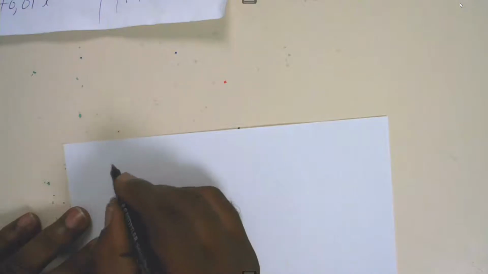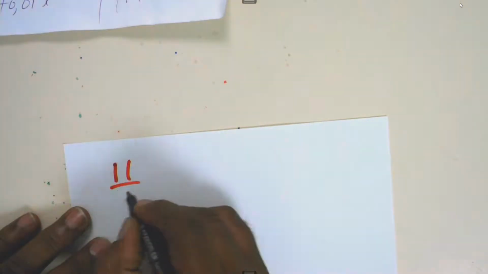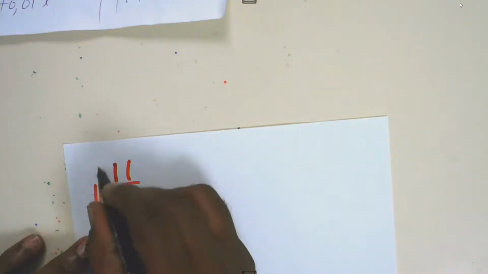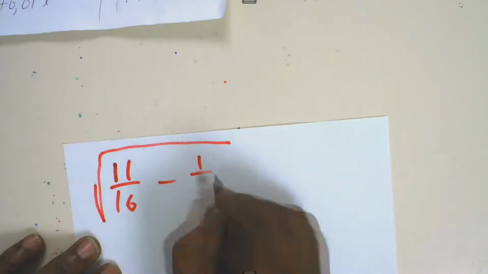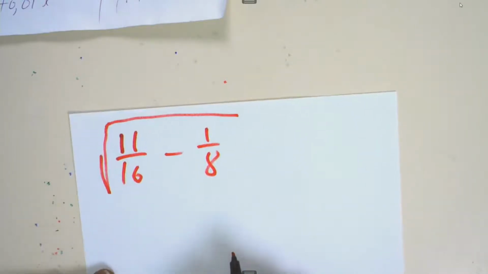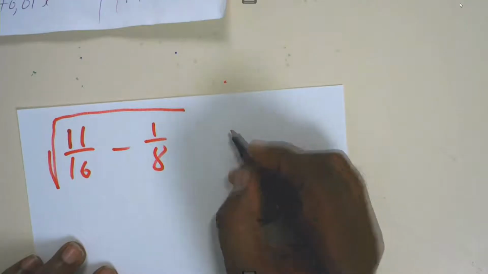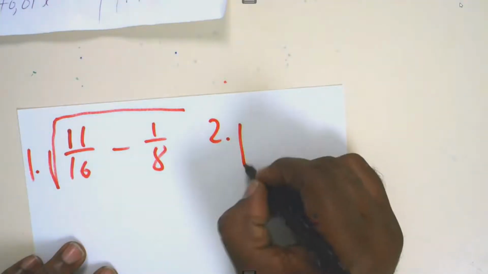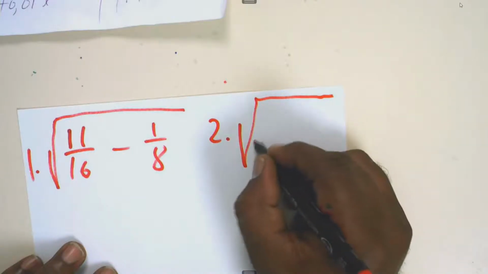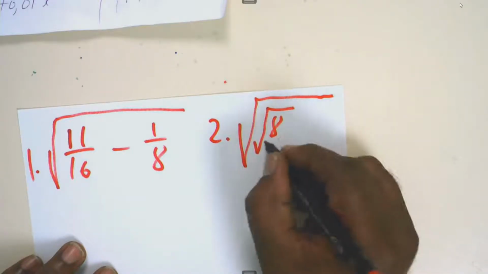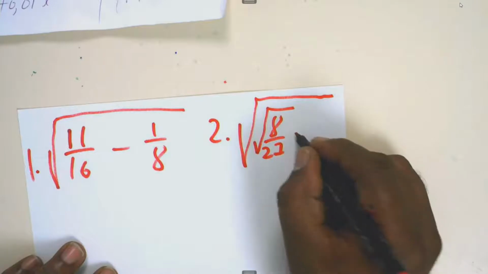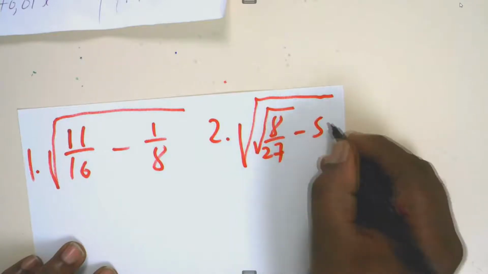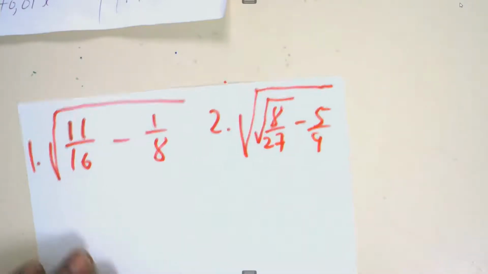Let's see, 11 over 16 minus 1 over 8. That's your first one. The second one, square root of cube root of 8 over 27 minus 5 over 9.